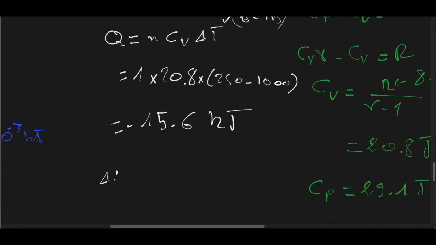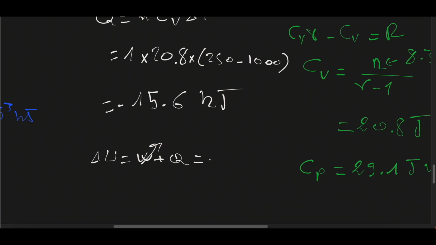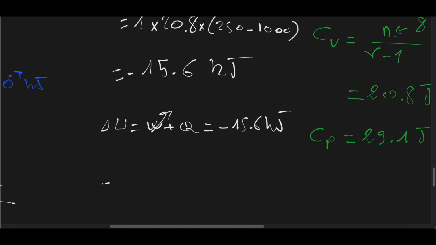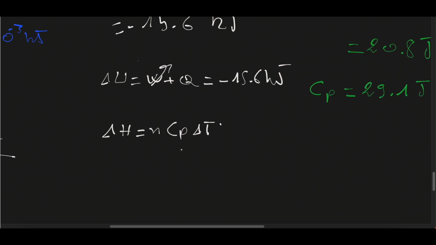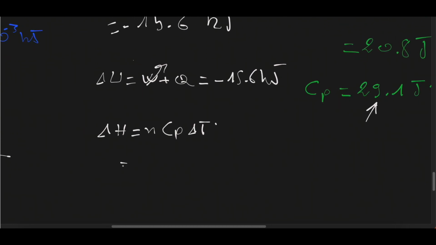And the change in internal energy is equal to W plus Q, but W is 0 here, therefore it will also be equal to minus 15.6 kilojoules. The change in enthalpy is equal to n Cp delta T. So we use, in this case, this heat capacity: 1 times 29.1 times 250 minus 1000 Kelvin.